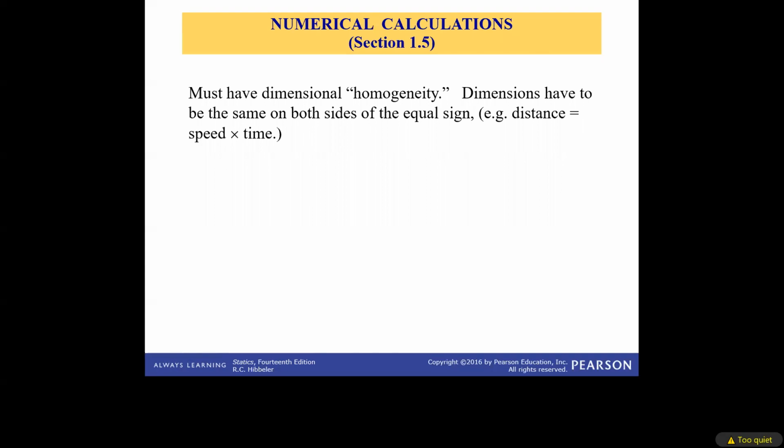So if you need the acceleration, and you have a force in newtons and a mass in pounds, because in US customary units you can have a mass in pounds mass, you would have to convert that pounds mass to kilograms in order to solve for the acceleration in meters per second squared. And vice versa. You want to make sure all of your units are homogeneous.